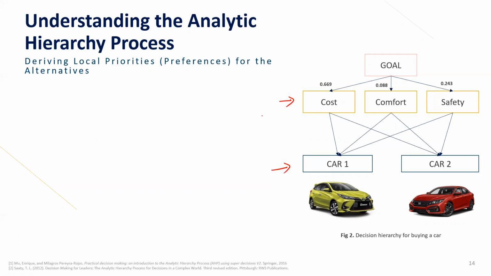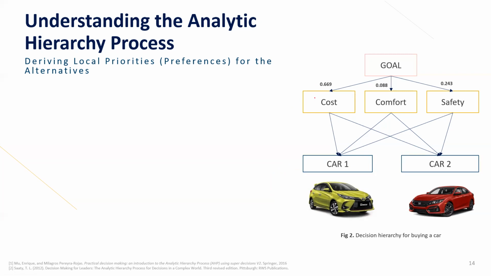Okay, so the next step is called deriving local priority, or real preference, for the alternatives. What is an alternative? The alternative is car1 or car2, right? So you need to assess again the same way with the priority matrix that we discussed earlier for each particular comparison.